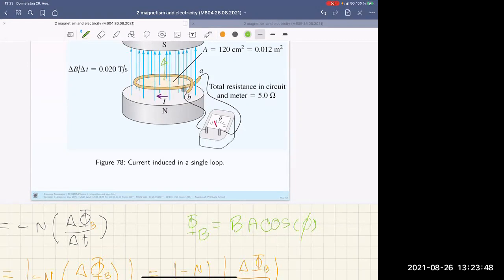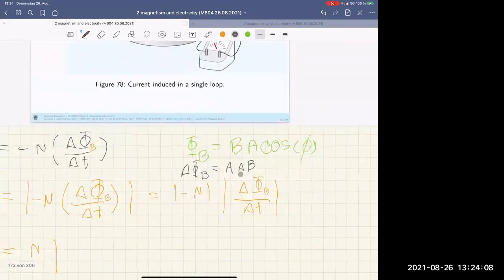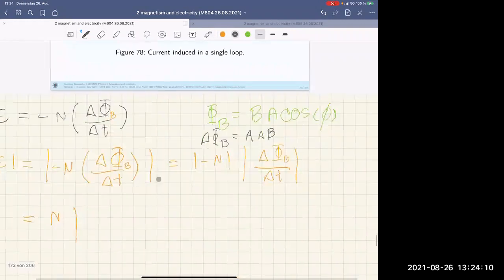So we would have delta phi_B is going to be A times delta B. Okay, delta phi_B will be A delta B. So we will substitute it into this one: A and delta B, divided by delta t.